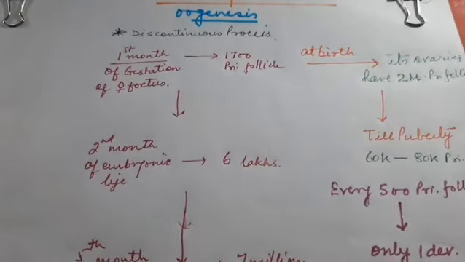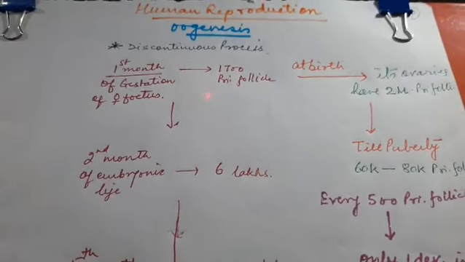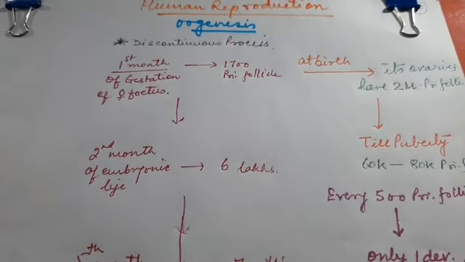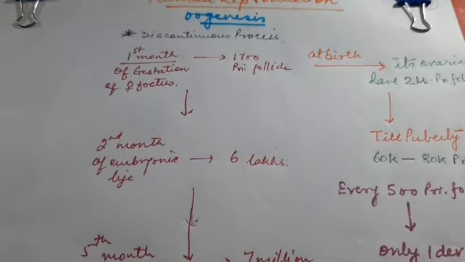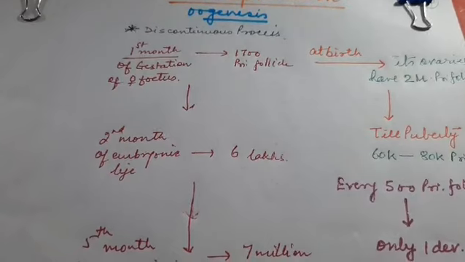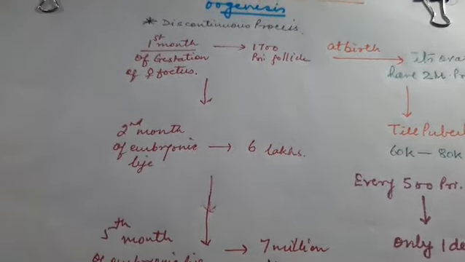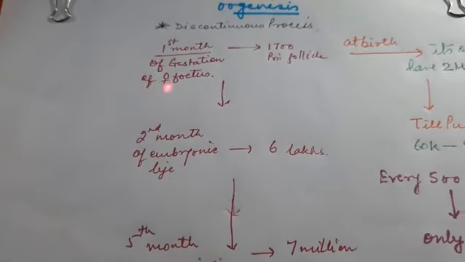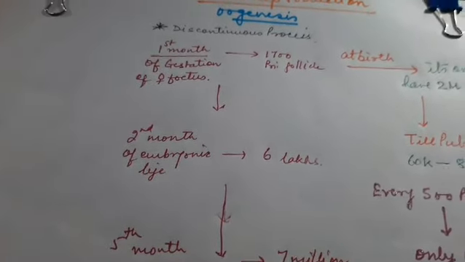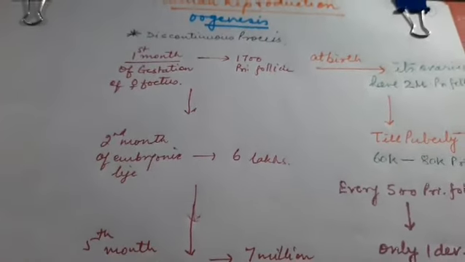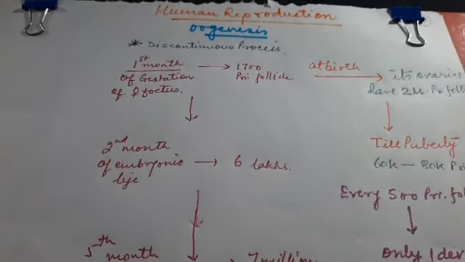So, it has primary follicles in the ovary. As we are talking about the female fetus, it has 1700 primary follicles in the ovary. When the female's development has begun, during the first month of the embryonic stage, it has these many primary follicles, that is 1700. Now, these primary follicles multiply or proliferate and the number increases.